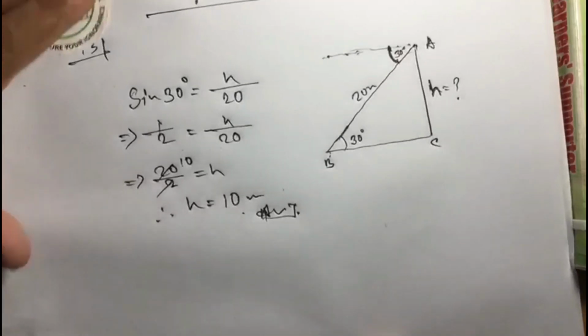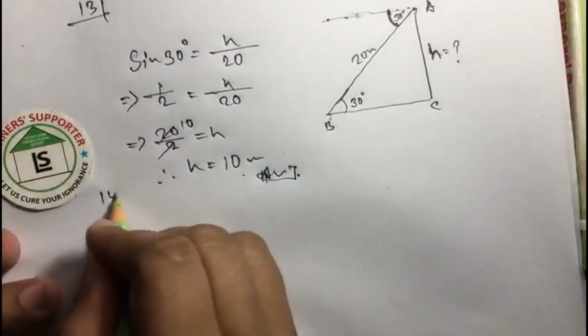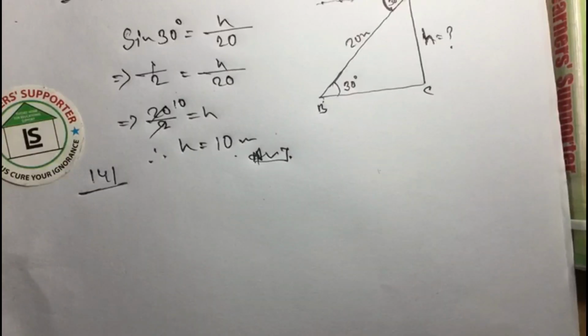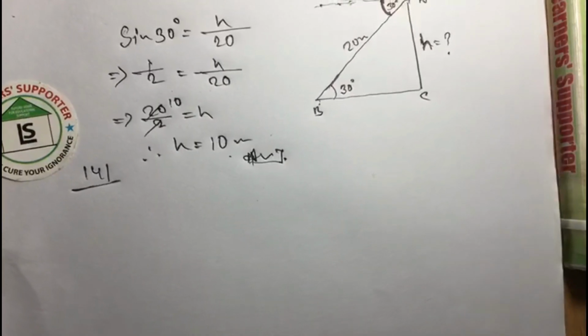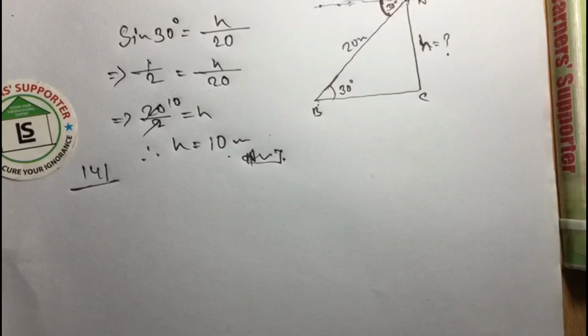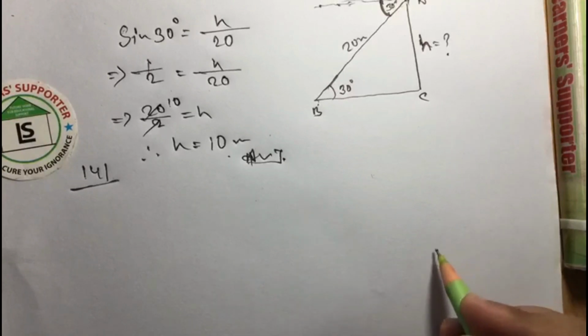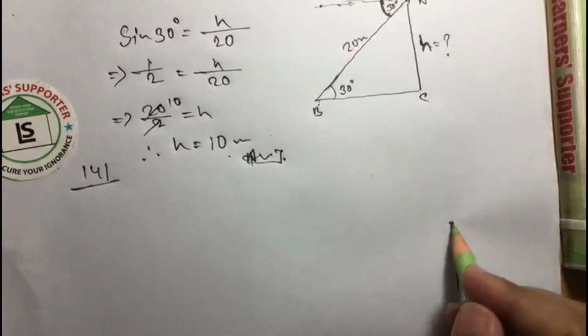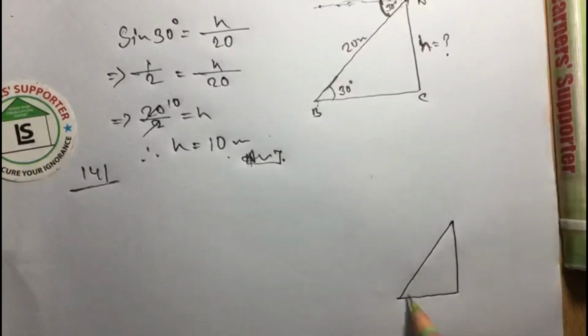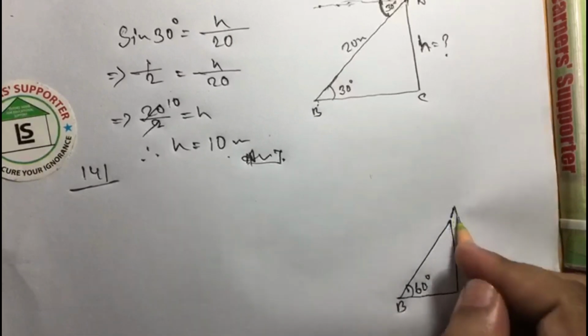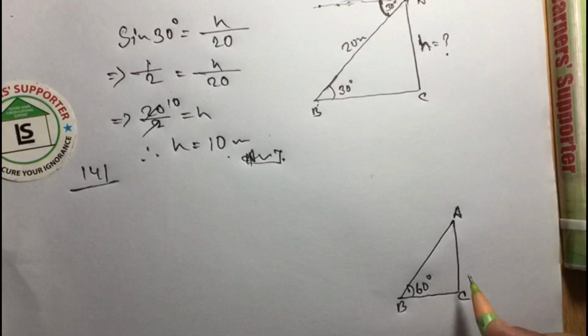Now we will do math number 14. In math number 14, they have said the angle of elevation of a tower at any point on the ground is 60 degrees. That means at first I will draw the tower. The angle of elevation is 60 degrees at any point. Suppose the points are A, B, C, with 60 degrees.